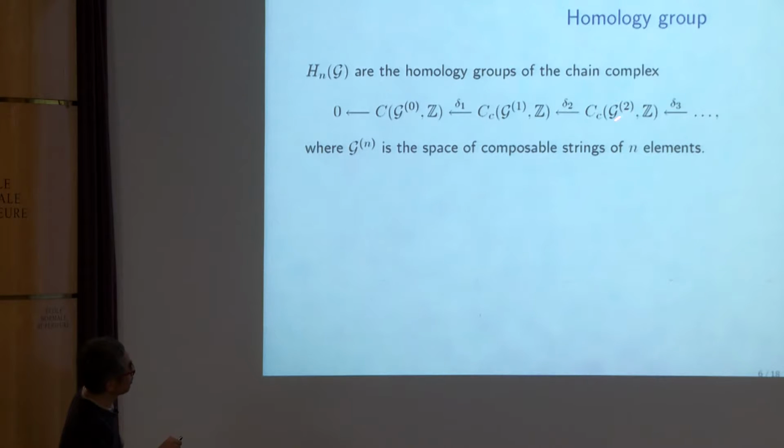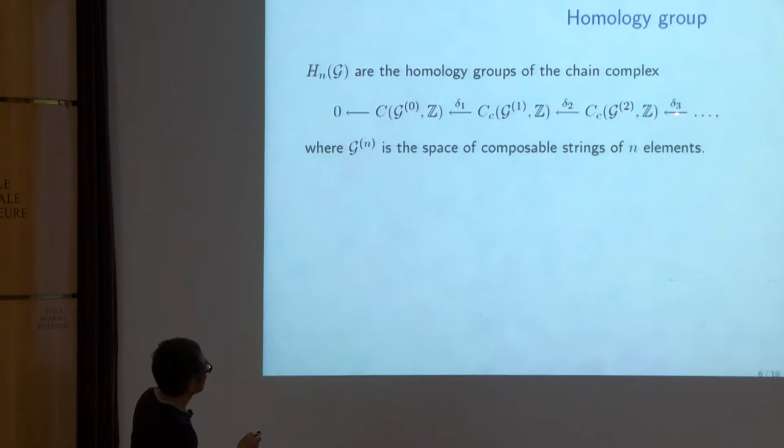And Gn, what is this? This is the space of composable strings of n elements. So Gn is a subset of G times G times and so on times G, okay? But I'm looking at only composable strings. And then, in a natural way, I can define the boundary maps.